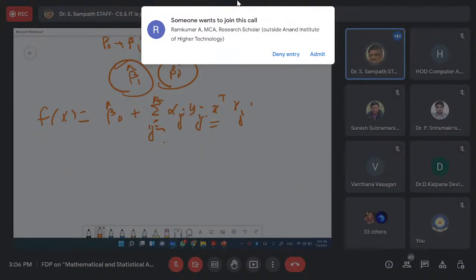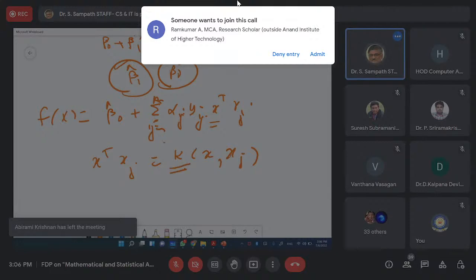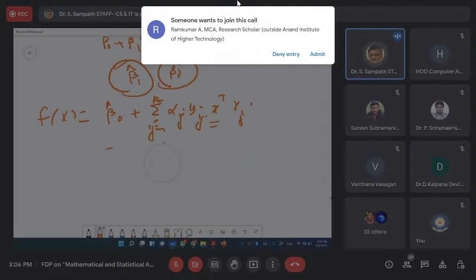Without explicitly finding the transformations, wherever we have x transpose xj in this expression, we simply replace it by some function of x comma xj. Any such function is called a kernel function. Any function which satisfies non-negativity, symmetry, and the Cauchy-Schwarz inequality can be used here.